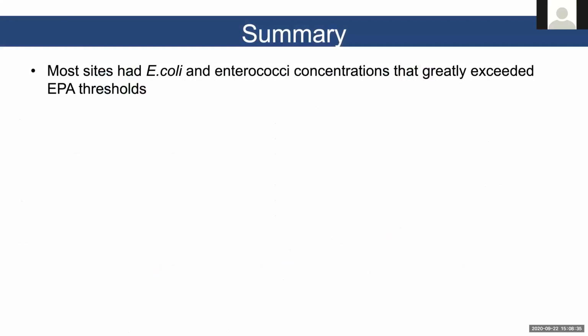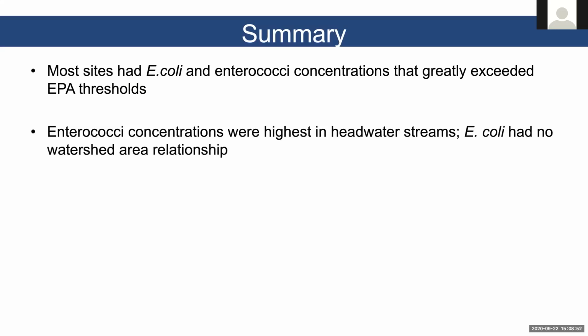Now I just want to briefly summarize the work that I went through for the fecal indicator bacteria in the Delaware River Basin. So we found that of the observed sites, most of the sites had E. coli and enterococci concentrations that were greatly exceeding the EPA thresholds. The enterococci concentrations were the highest in headwater streams, but E. coli had no watershed area relationship.